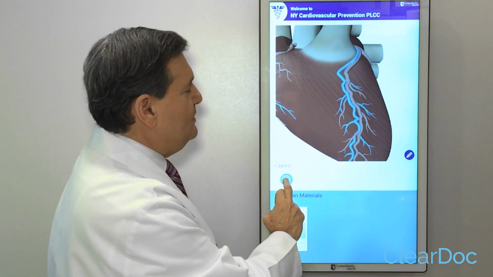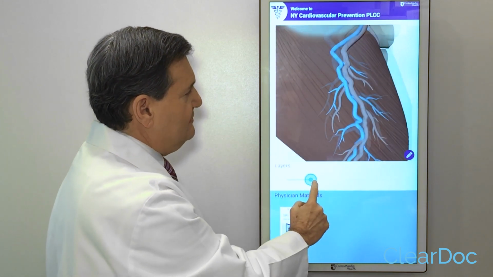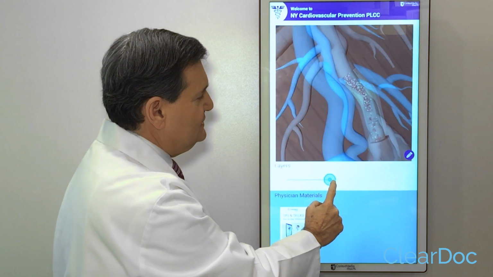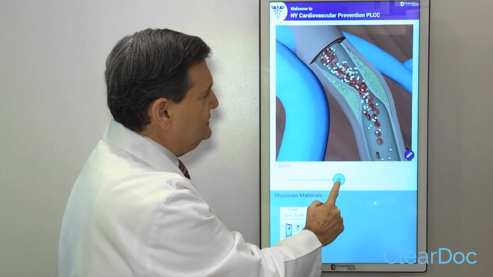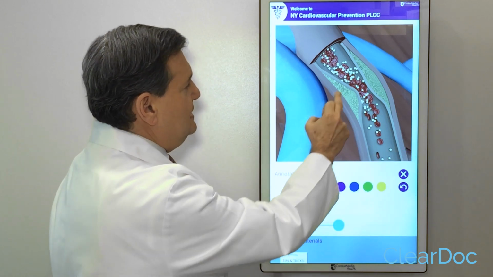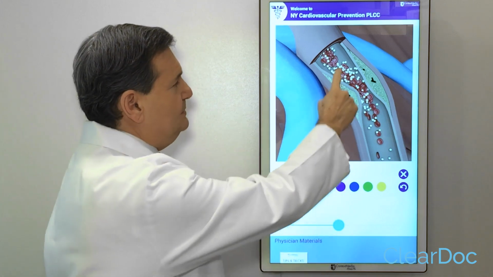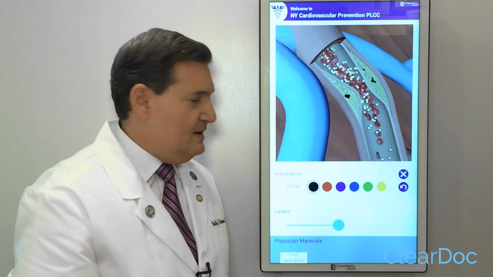Now, this is illustrating exactly my point. If we look at this diagram in red, we see the coronary artery, and if we focus on this picture, this is a picture showing the cholesterol on the side of the artery and the blood flowing through to the heart muscle.